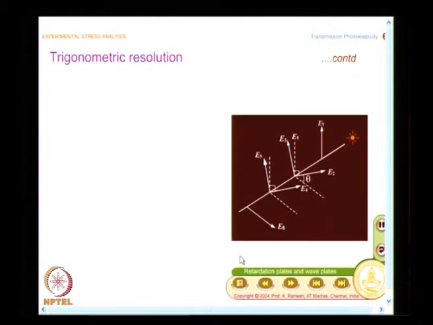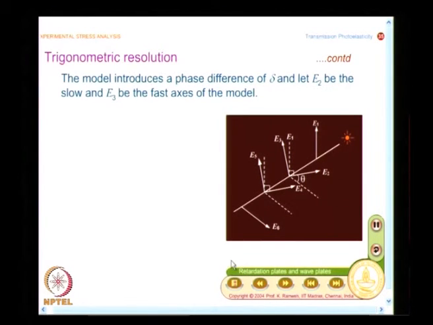So, that is what we will do now. What we say is the model introduces a phase difference delta, and let E2 be the slow axis and E3 be the fast axis of the model. Then E4 is slow and E5 is fast. We want to do it for E4, which is considered the slow axis.